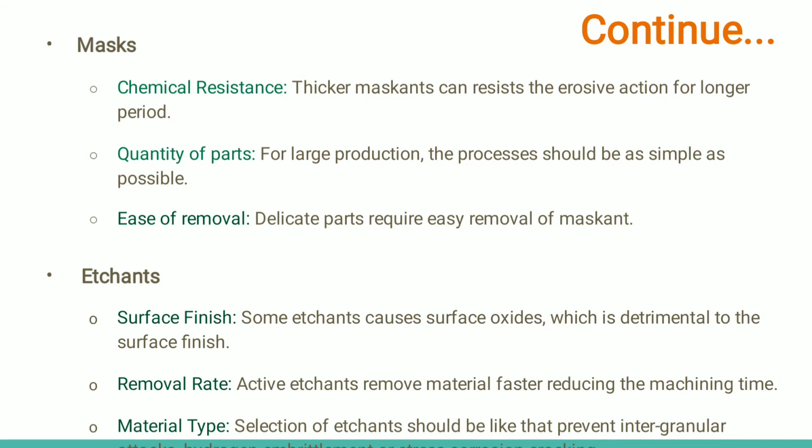The selection of the agents depends on what materials we are using, so that it can prevent intergranular attacks, as well as hydrogen embrittlement or stress corrosion cracking. There are different cracks that can be initiated if we are not using proper agents as per the availability and the requirement. Okay, so these are the very important things about the agents.